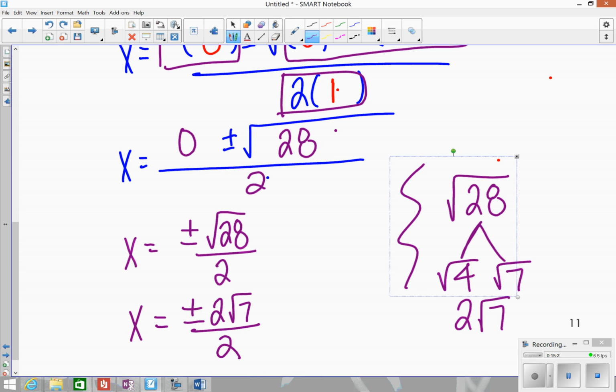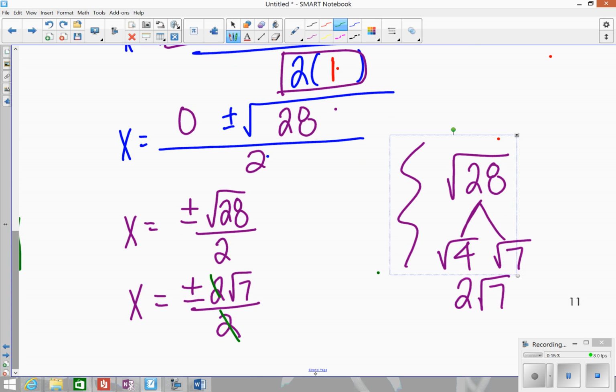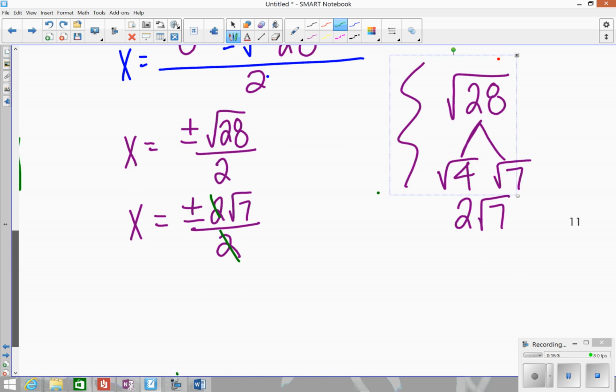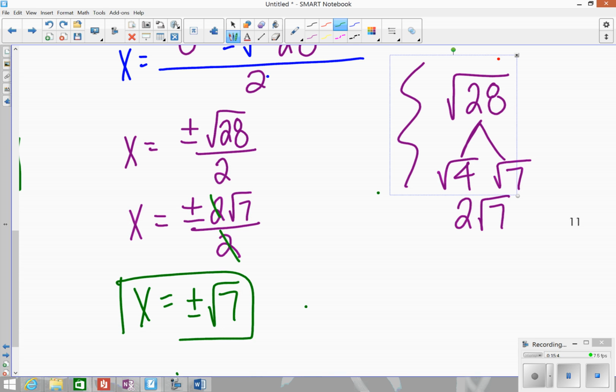And since this doesn't have that term in front, it's just a 0 in front of plus or minus, I can just cancel 2 divided by 2 is 1. So the answer here is going to end up being just x equals plus or minus the square root of 7. So in that case, our number in front canceled and the denominator canceled, so we're just left with positive square root of 7, negative square root of 7 as our two answers.